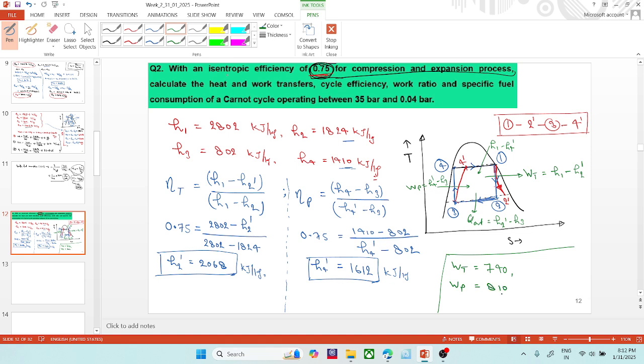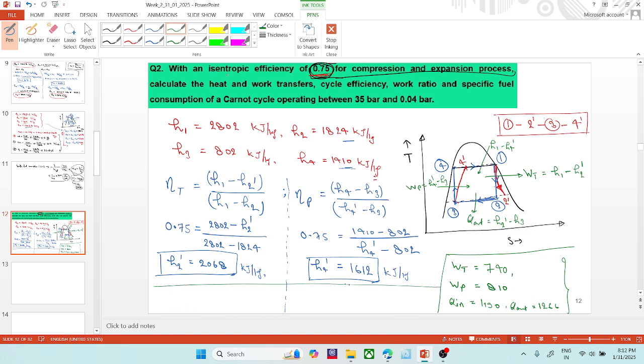This is 810, and Q in is H1 minus H4 dash. So it is 2802 minus H4 dash, 1612. This is 1190, and Q out is simply H2 dash minus H3. H2 dash is 2068 minus 802. It is 1266. So here I am having all the values.